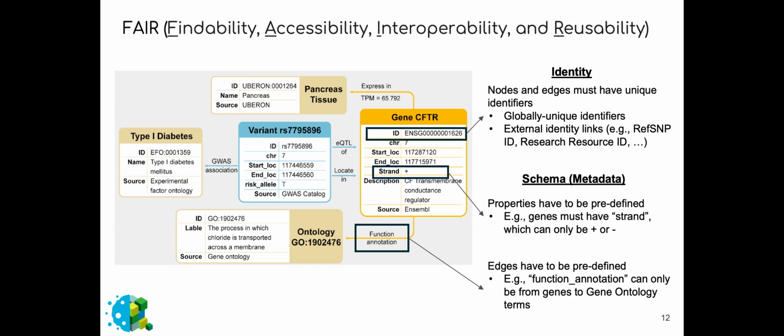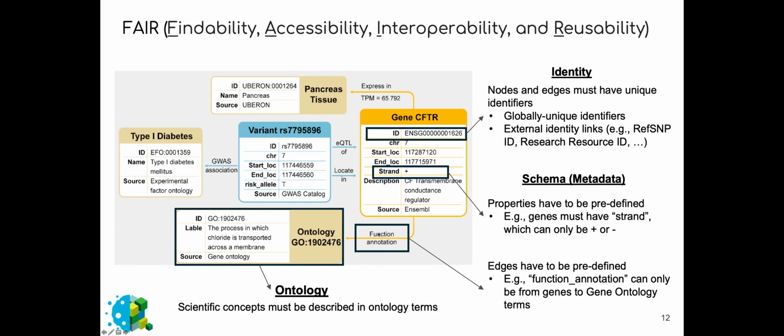We also have edges defined according to some metadata. For example, a functional annotation needs to start from a gene to an ontology term, to make sure this follows this edge. And in the end, for all these scientific concepts, we also refer to existing ontologies to make sure they are well defined. By using identity, schema, and ontology, we make sure all the edges and nodes follow the FAIR principles.